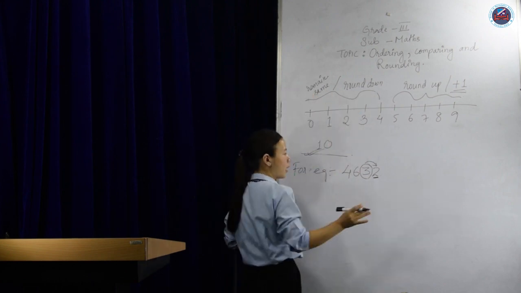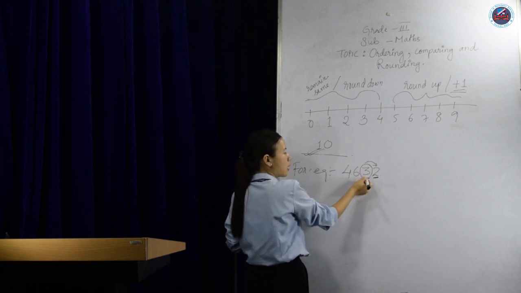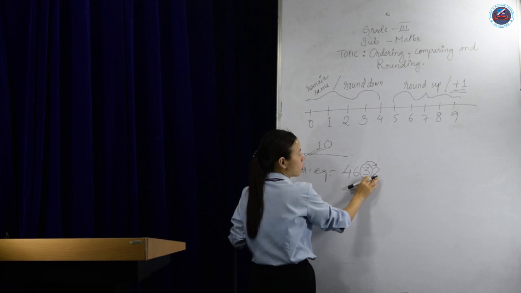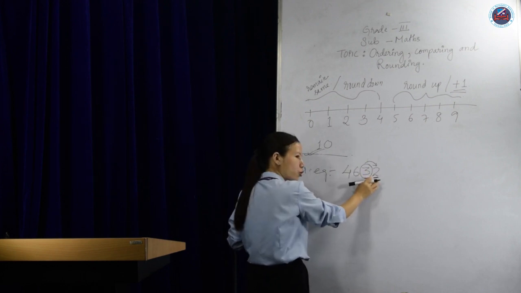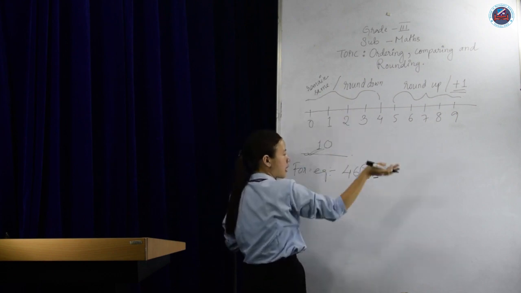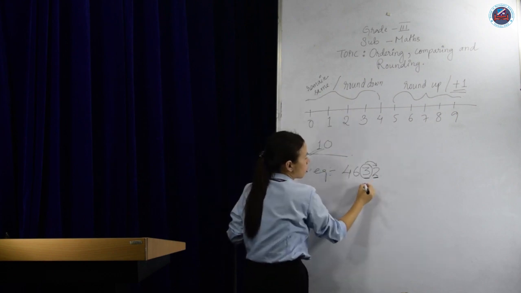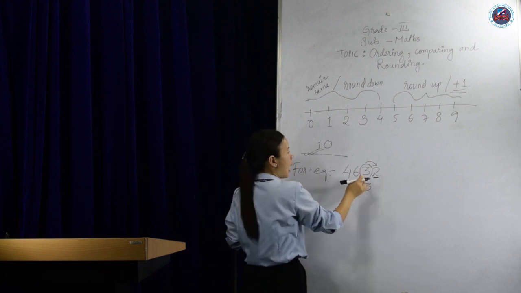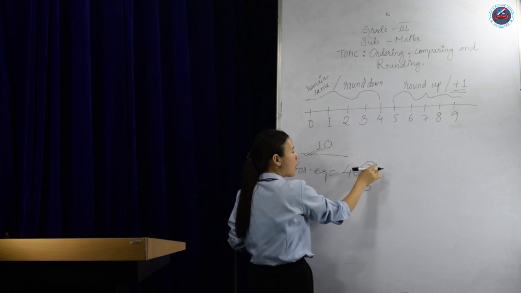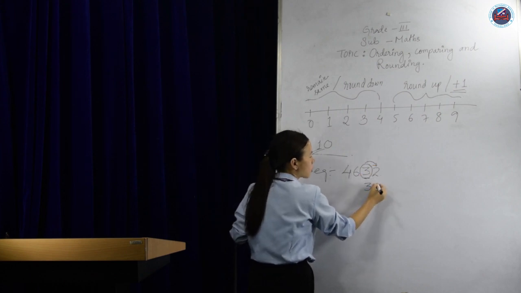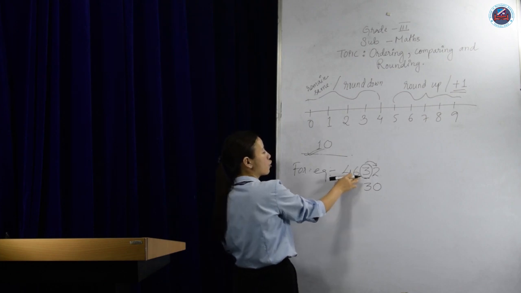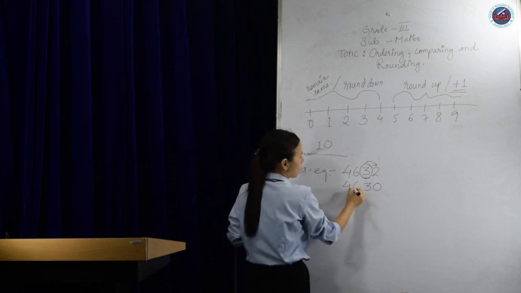So your tens digit, which is in the circle, will remain the same, since the digit to the right of it is 2, which is less than 5. So the rule says remain the same. So we write the same digit, that is 3. And the digit to the right of the tens will be replaced by 0. And the remaining digits to the left will remain the same.